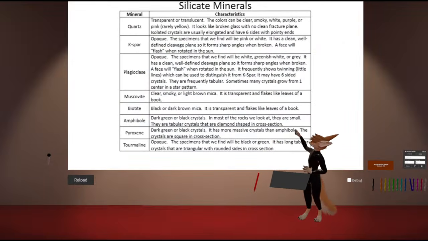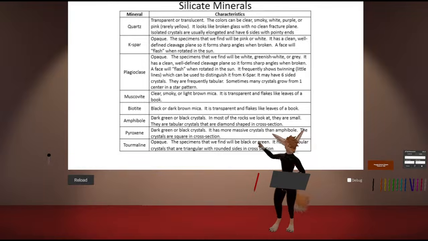And here is essentially the table of what we're talking about, but it also gives us our characteristics here.